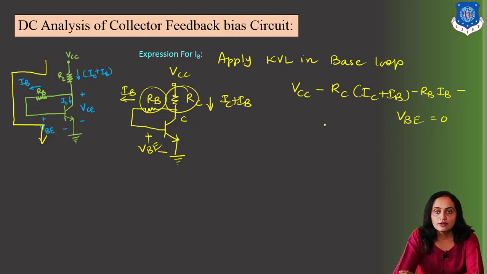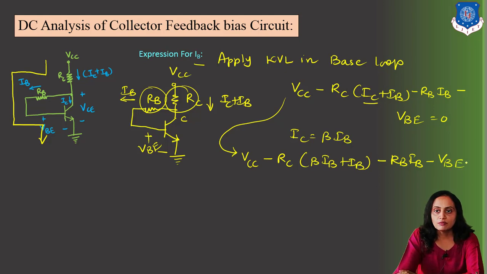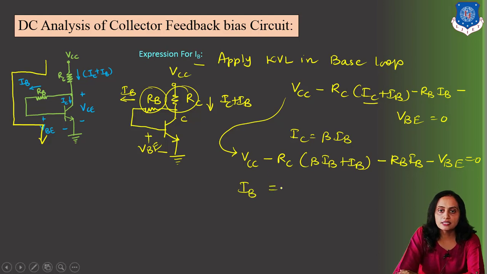Now we know that we are finding IB, the base current, and we know that IC is equal to beta IB. So I will replace IC with beta IB and rewrite this equation. Then I get VCC minus RC into (beta IB plus IB) minus RB into IB minus VBE is equal to 0. Now we will make IB the subject.